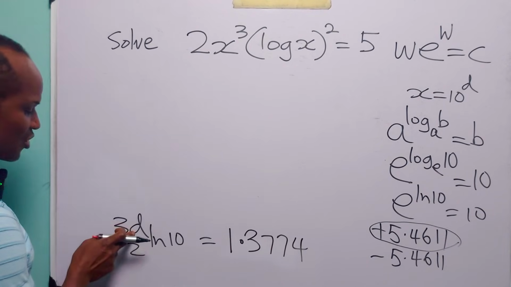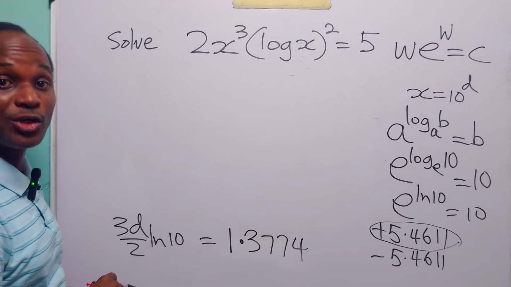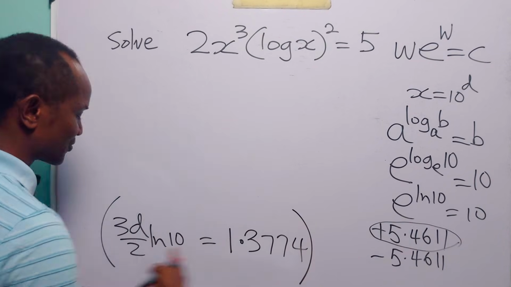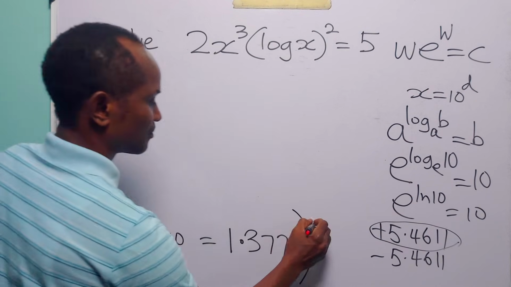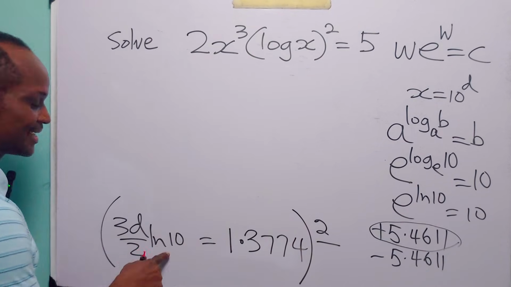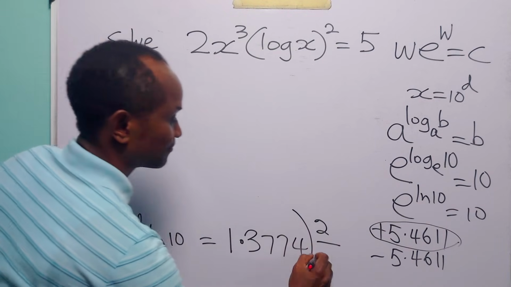Now, from this equation, we will be able to calculate the value of d. All we have to do is to multiply through the equation by 2 and to divide through the equation by 3 times ln 10.